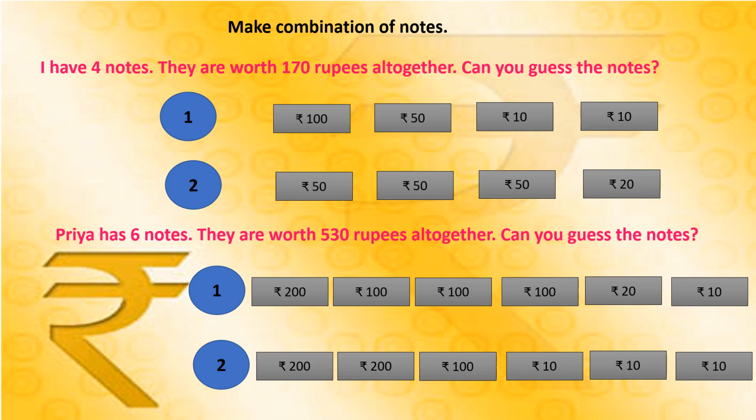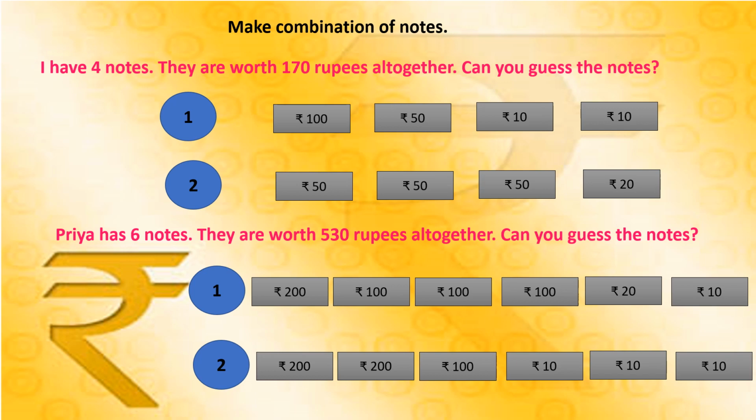That will make 500. For rupees 30, we take a 20 rupee and a 10 rupee note. That's how 200 plus 100 plus 100 plus 100 plus 20 plus 10 will give you 530.